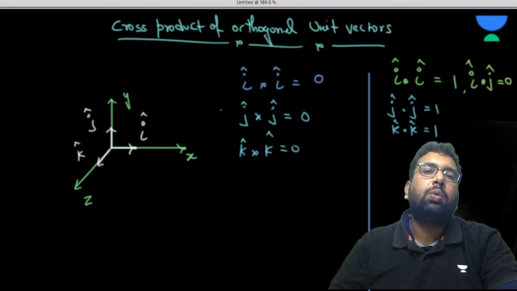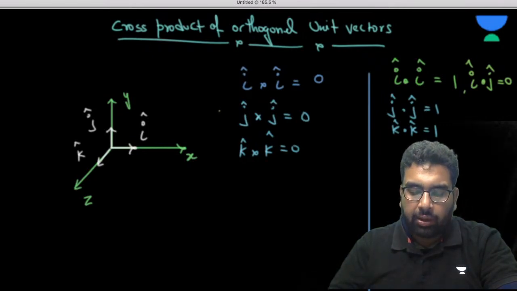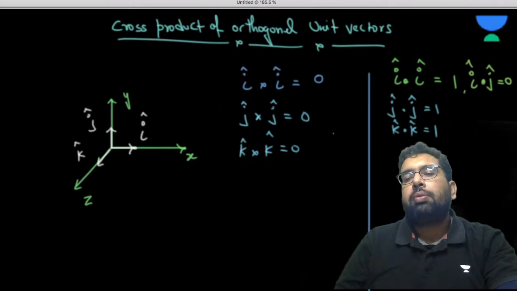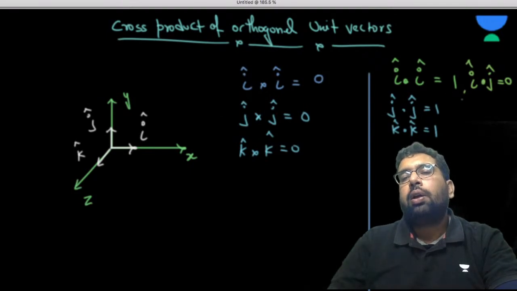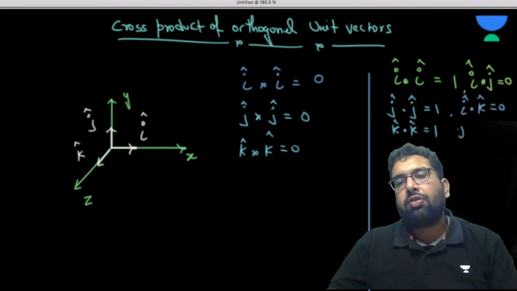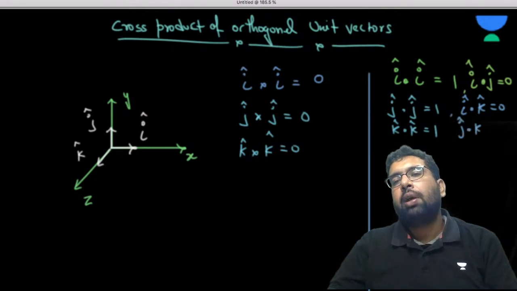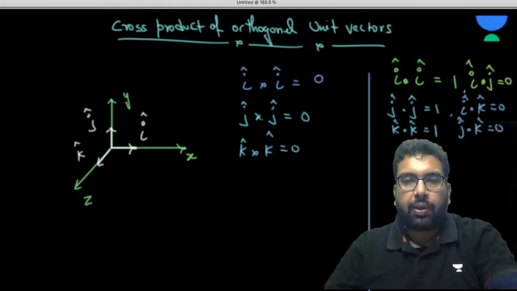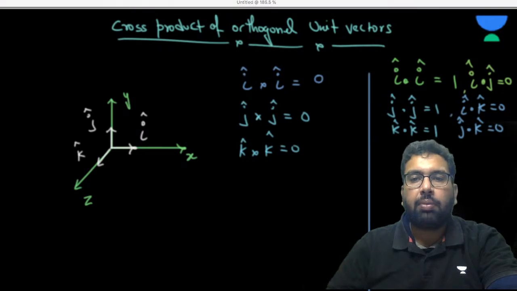So two orthogonal unit vectors, when dot product between them, become 0. Similarly, i cap dot k cap is also 0, and j cap dot k cap is again going to become 0. I hope it is clear to everyone, right?